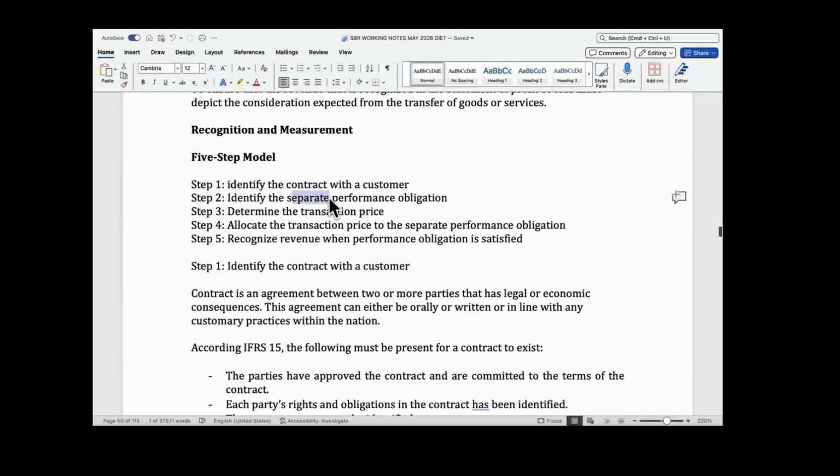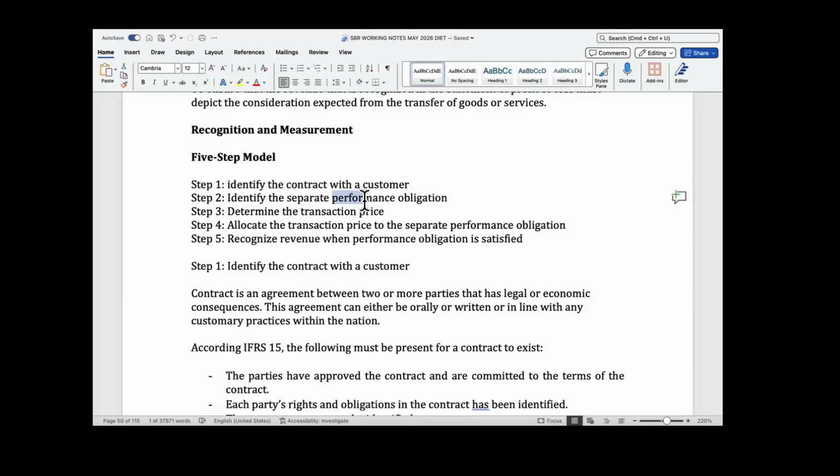Then we moved to step 2, which talks about identifying separate performance obligations. This step 2 is very important because this is what determines the line item in your accounts that you are going to recognize revenue on. If you are selling more than one type of commodity, or offering more than one service, those goods and services that you offer are what we call performance obligations.